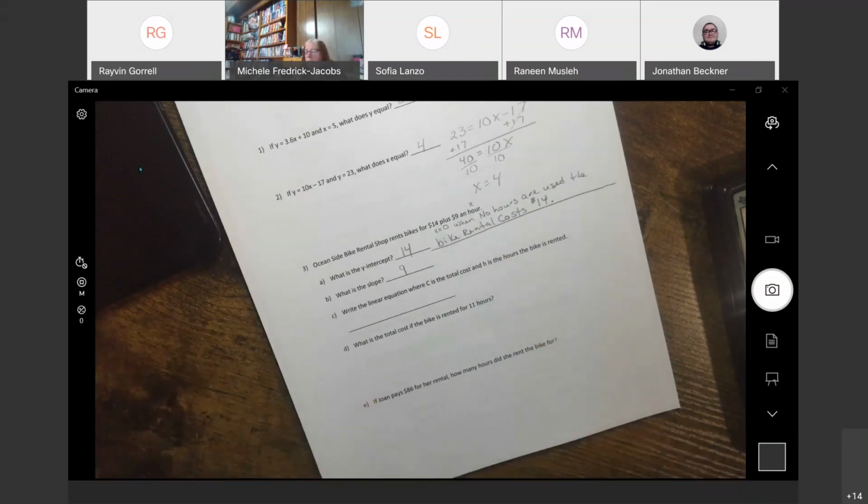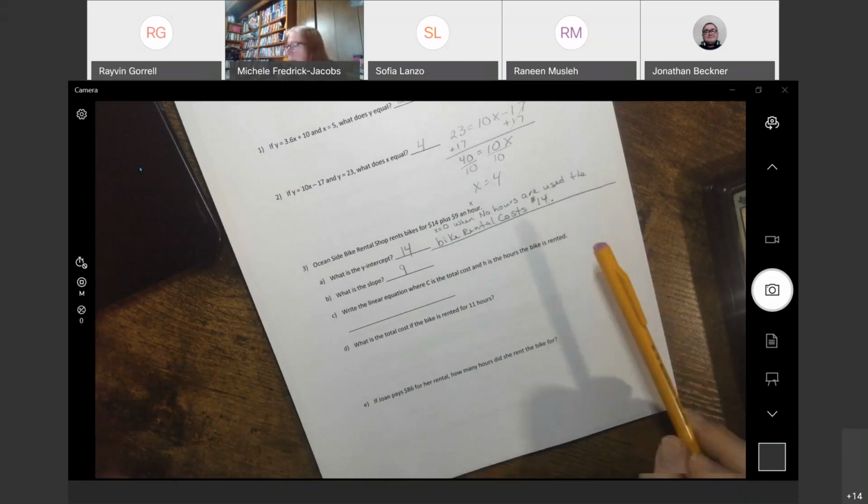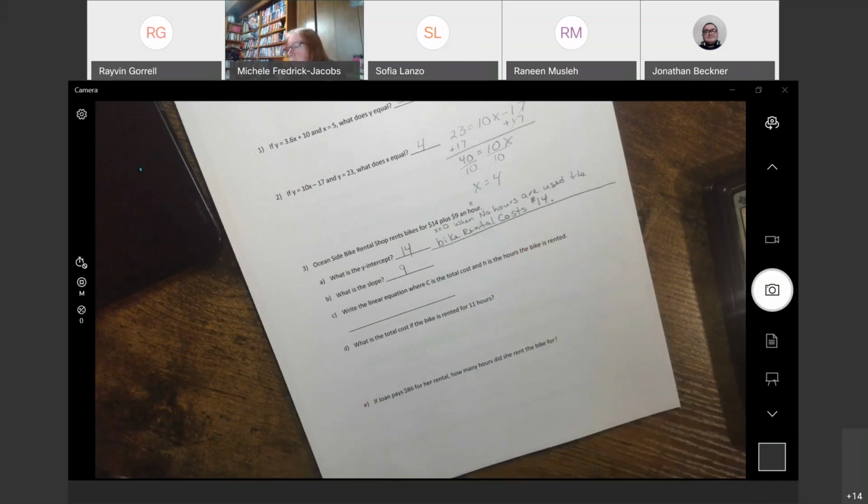You could rent a court, and it was like $25 an hour. But if you didn't show up, you still had to pay for that because somebody else could have used it. And that would be the same type of thing. You didn't actually ride the bike at all, but you reserved it, so you still have to pay that $14. Any questions on that?